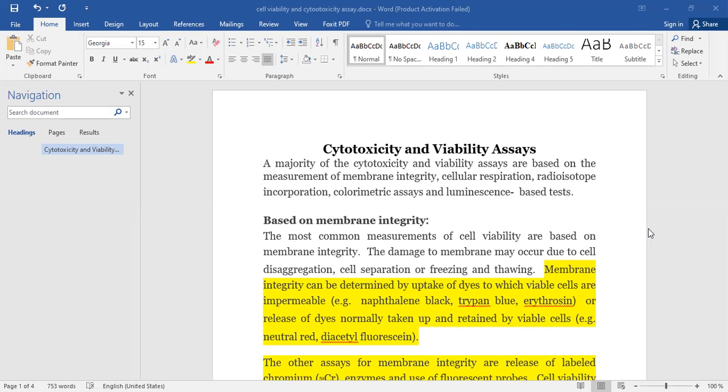Damaged cells will not be able to survive, and if damaged cells are present, then there is no need for the animal cell culture, so we must not proceed. So on a regular basis, we need to identify the number of viable cells and the number of damaged cells.